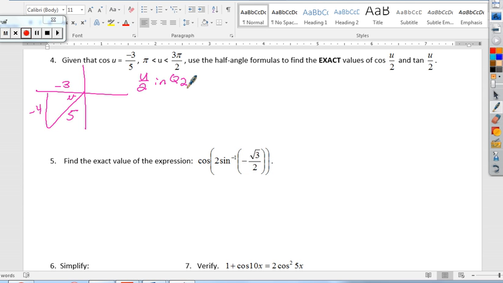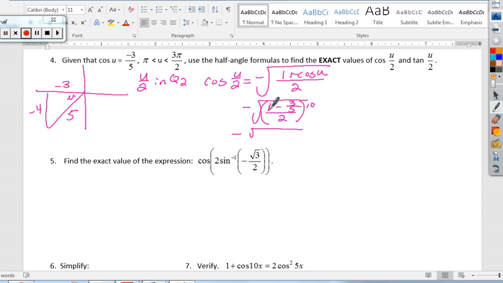So I want to have the cosine of u over 2, and the formula here we decided is going to be the negative square root of 1 plus the cosine of u over 2. Well, the cosine of u is negative 3 over 5. I'm going to multiply everything through by 10 to wipe out both the 5 and the 2. So 10 times 1 is 10. 5 goes into 10 2 times.